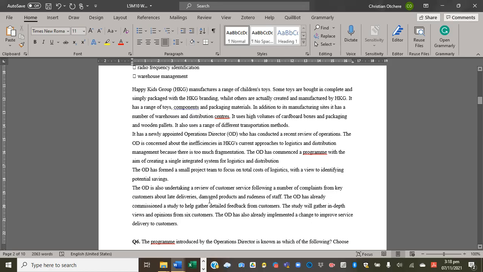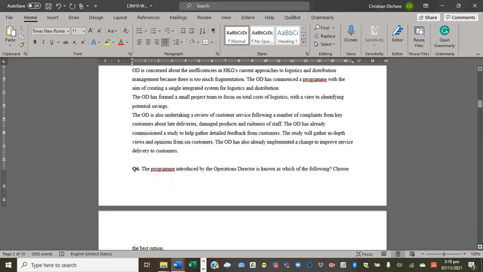The OD has already commissioned a study to help gather detailed feedback from customers. The study will gather in-depth views and opinions from 6 customers. The OD has also already implemented a change to improve service delivery to customers.